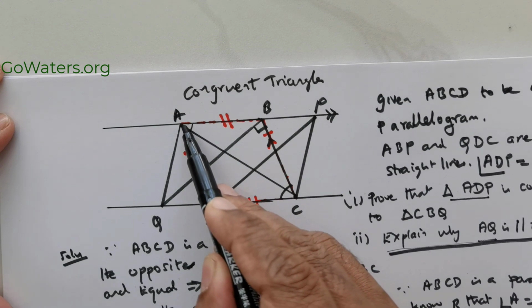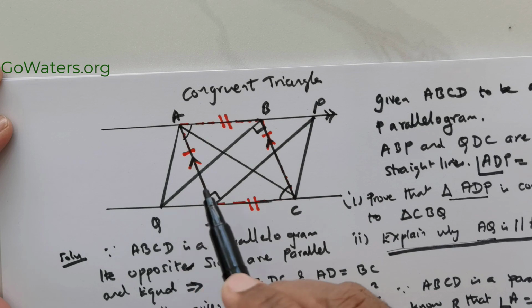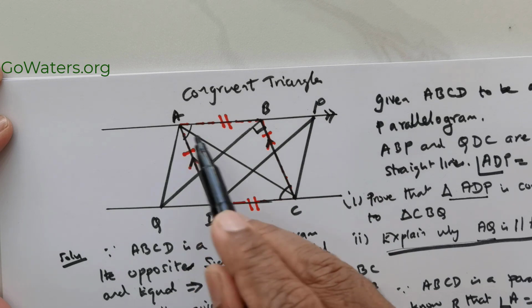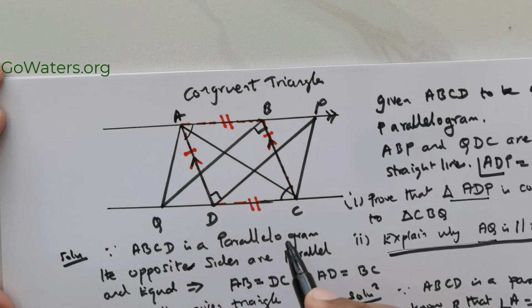Now we see that AP is actually part of a triangle, right? AP is a part of a triangle, and also QC is a part of a triangle, and they are not part of just triangles, they are part of congruent triangles.